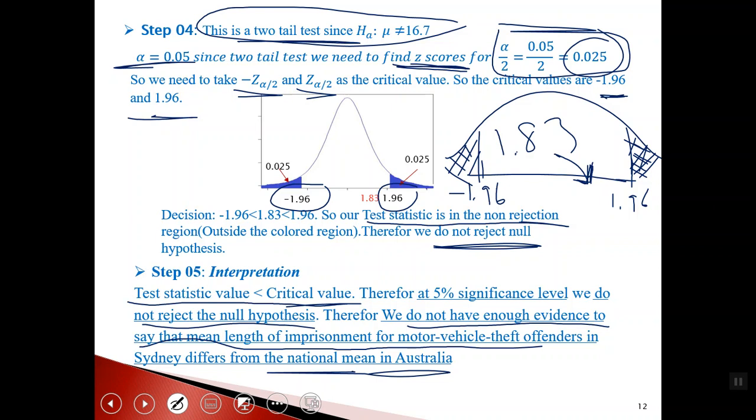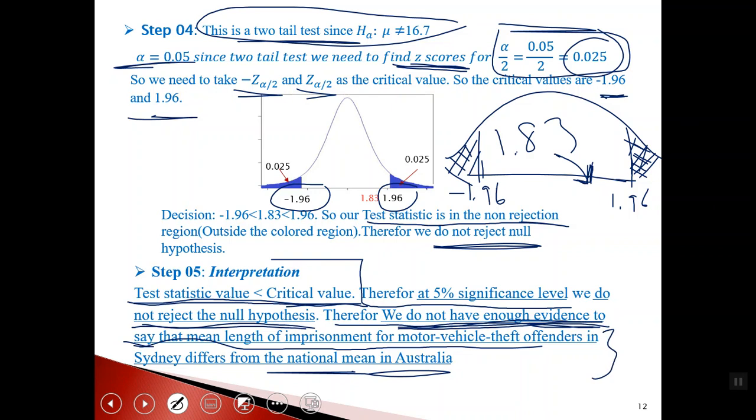Okay, clear? So the main thing in this interpretation is what actually happened, then in what alpha level you are considering here. Then if it is do not reject, you have to say we do not reject because we do not have enough evidence to say your alternative hypothesis.